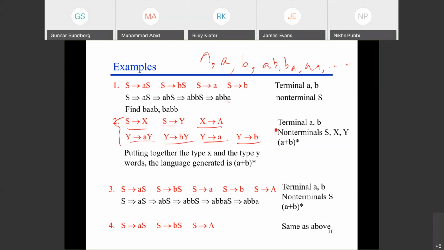Here now we have 1, 2, 3, 4, 5, and it is also generating lambda, a, b, a, b, b, everything. So this is again the same language, but fewer production rules. So it's a more intelligent grammar for (a plus b) whole star.